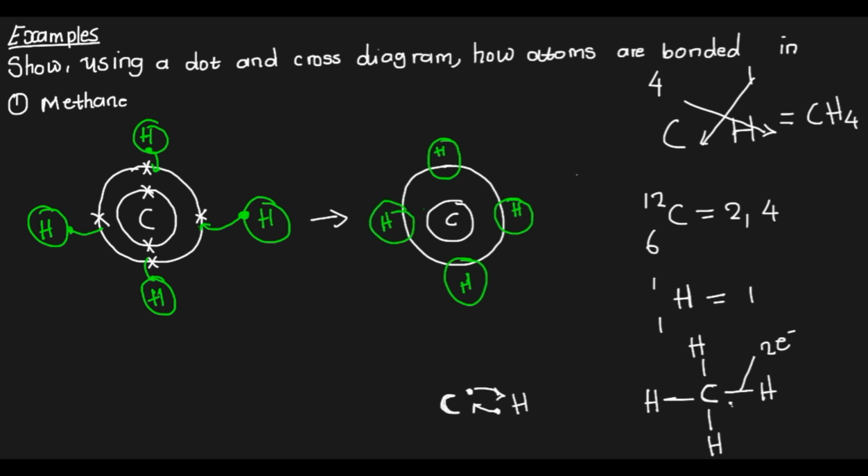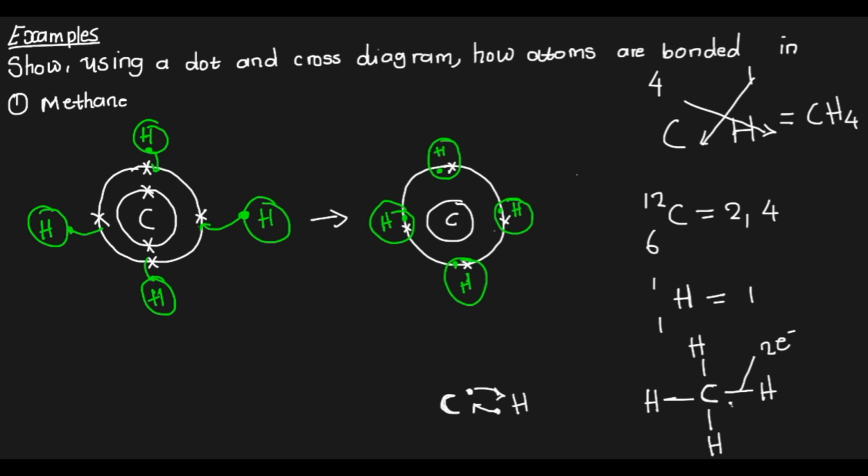Okay, so now each hydrogen is donating 1 electron, and here we are going to have the other 1 electron coming from the carbon. So this is how we can draw the covalent bonding in methane.